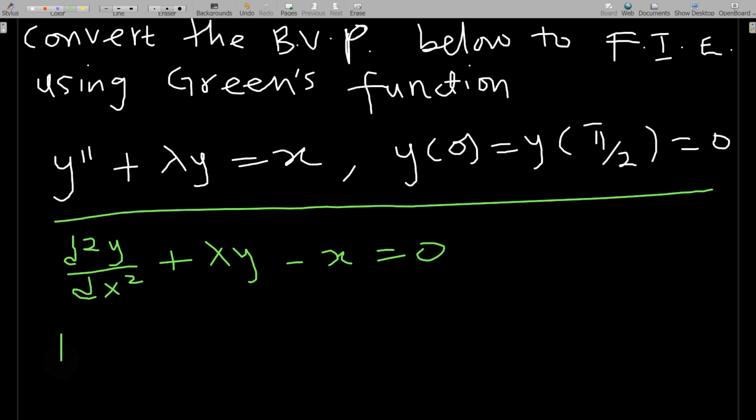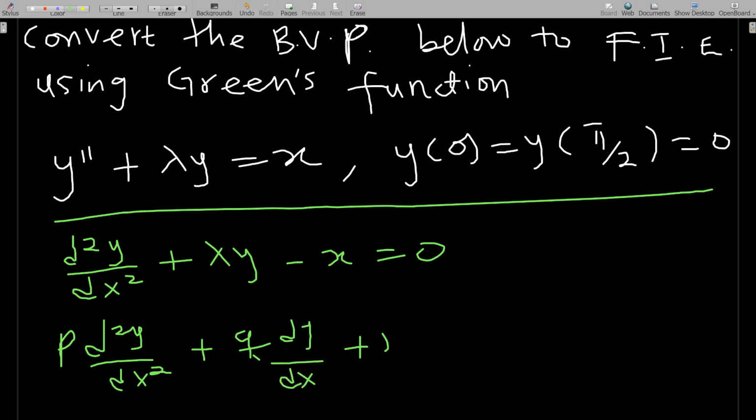The general form is p d squared y dx squared plus dp/dx, or you can call it q, times dy dx plus some r y plus some phi of x equals 0. So this is what we always consider.